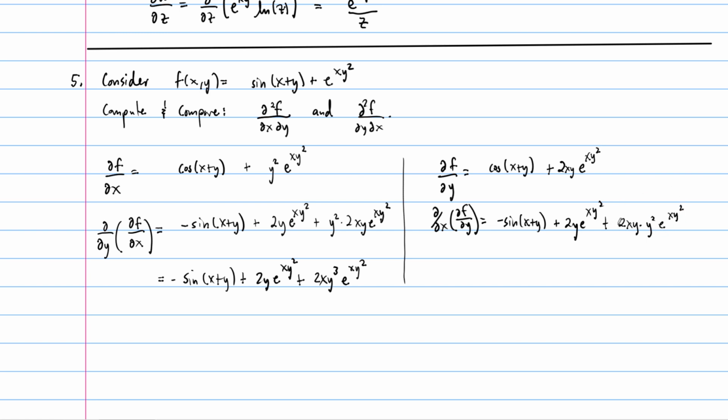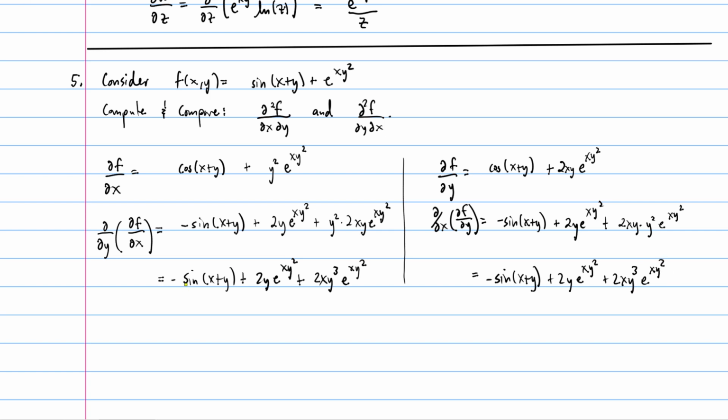And then, just as we did before, combine anything that needs to be combined, and we notice, look what happens. This derivative is going to be minus sine of x plus y plus 2y e to the xy squared plus 2xy cubed e to the xy squared. All right, and now we compare.